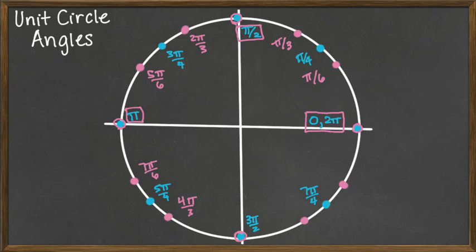So that's 8 pi over 6. 9 pi over 6 is my 3 pi over 2. So that's 9 pi over 6. 10 pi over 6 reduces to 5 pi over 3. So that's 10 pi over 6. 11 pi over 6 doesn't reduce. And then 12 pi over 6 is back to our location of 2 pi.